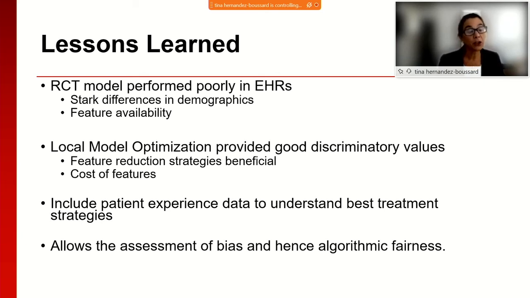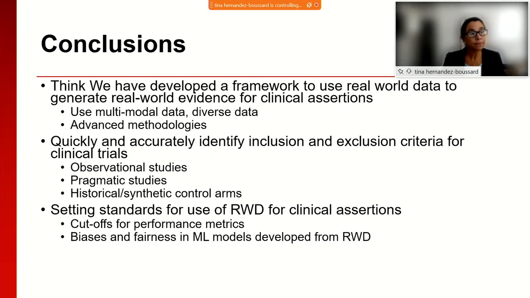Our feature reduction strategies were really beneficial to applying these models developed in the randomized controlled trial to our EHRs. We were able to include the patient experience data to better understand best treatment strategies. And this also allows us to assess bias and hence algorithmic fairness when we're thinking about applying these very narrow randomized clinical trials to a broader population.